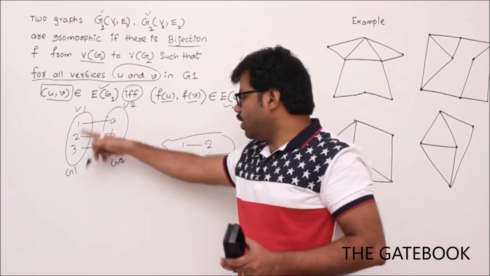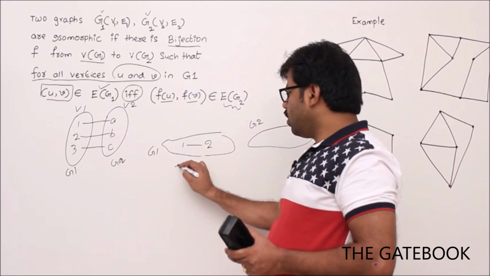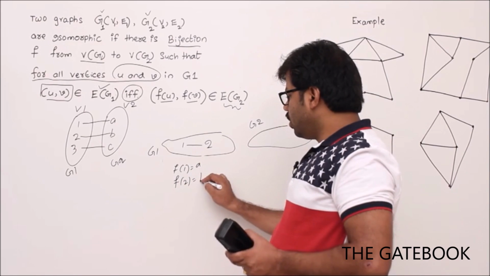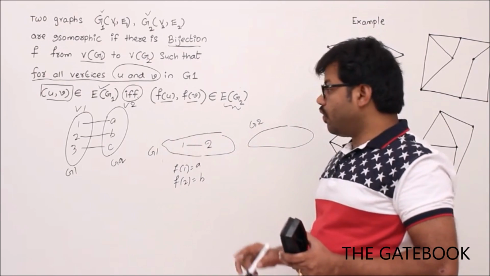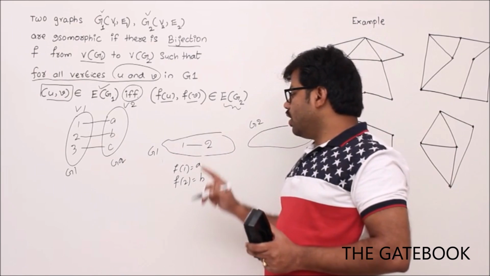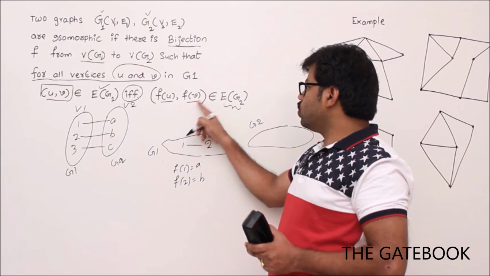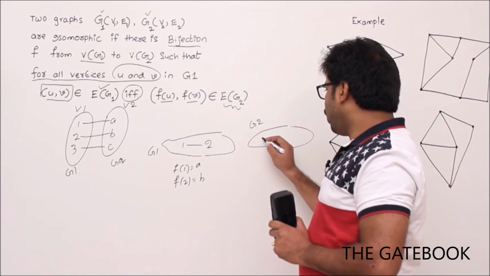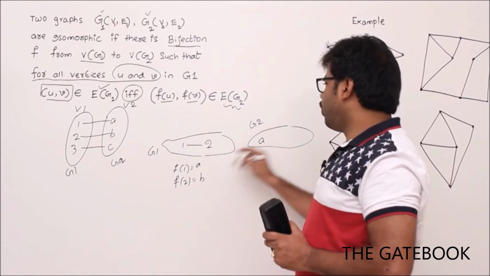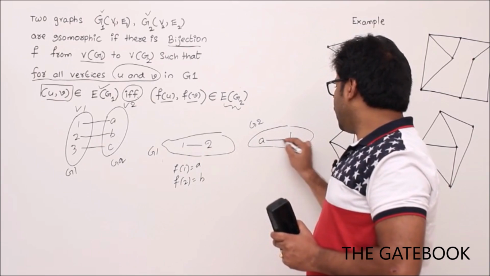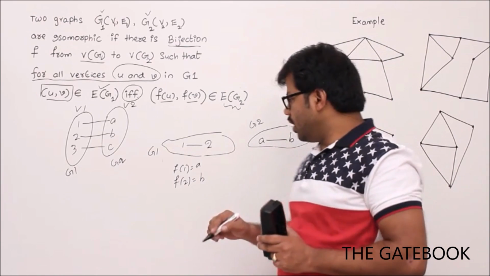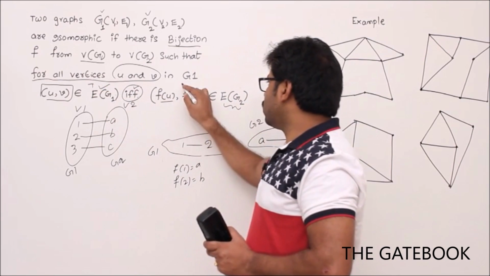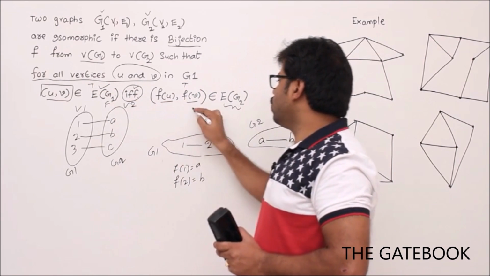According to this mapping, f(1) is A, f(2) is B. Then according to the definition, if the two graphs are really isomorphic, f(1) and f(2) should belong to the edge set of graph 2. That means between A comma B there should be an edge. Similarly, if and only if means: if this is true, this is true. If this is false, this should be false.